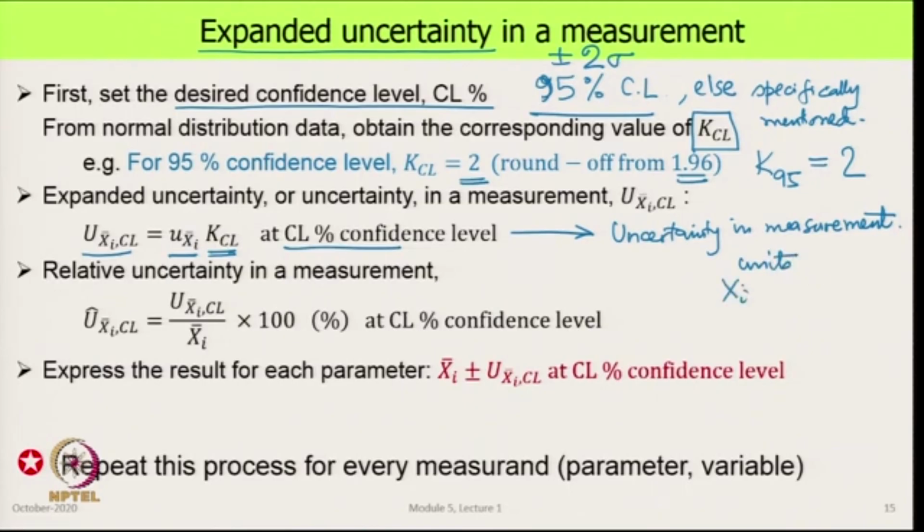So, the result which is x I bar plus minus u x I bar at some confidence level, this always has the units, and preferably both should have the same unit. It is quite troublesome if you say that the pressure I am reporting in kilopascal and the uncertainty in Pascal. It is best to report both with the same units.